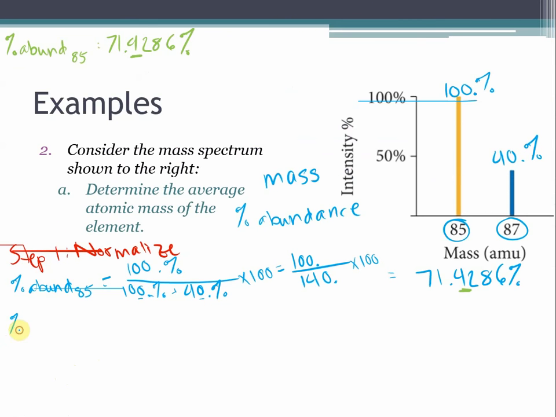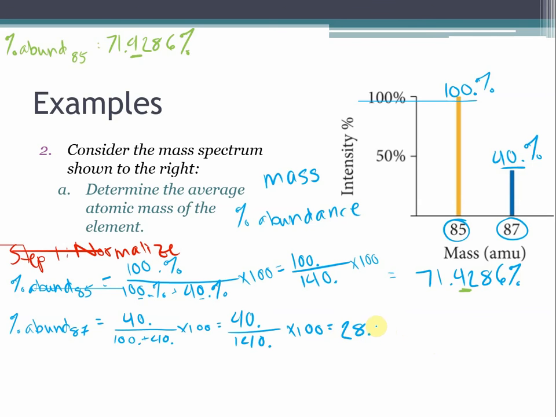We'll do our percent abundance of our mass 87 isotope. That's going to be equal to the intensity there, which is 40 point. So we'll do 40 point over 100 point plus 40 point times 100. So then once again, solving this out in 2 steps, it'll become 40 point over 140 point times 100 is equal to 28.571%.